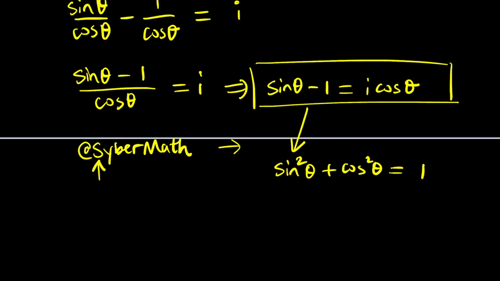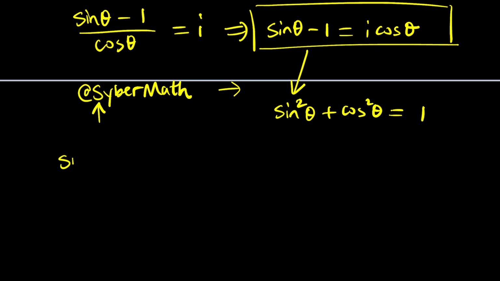Yes, when theta is complex, sine and cosine don't have to be between -1 and 1 inclusive, but this identity still holds. But as is, I can't use it, right? So what I need to do is maybe square both sides, right? We can give it a try. At least that's going to give us some squares.